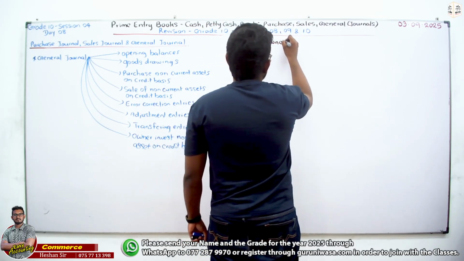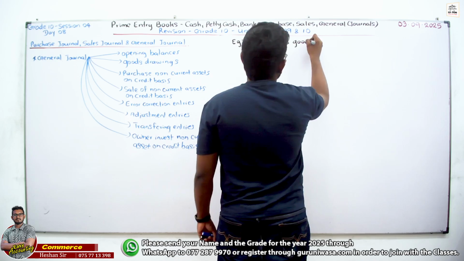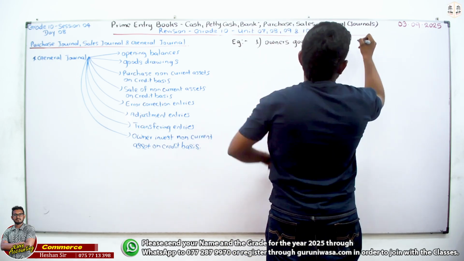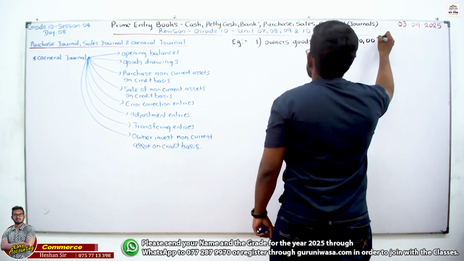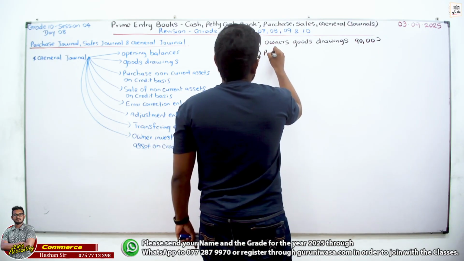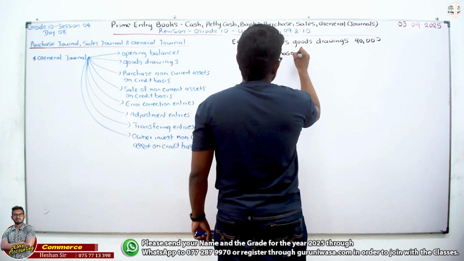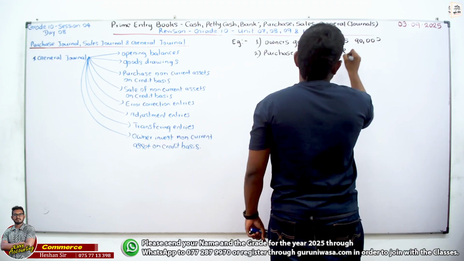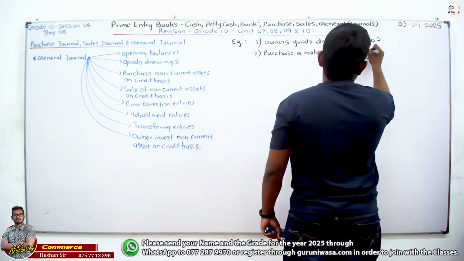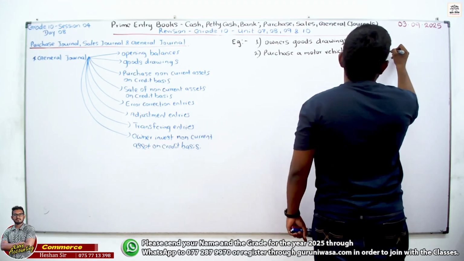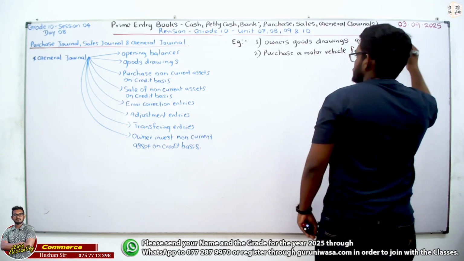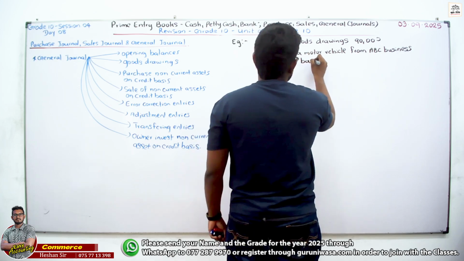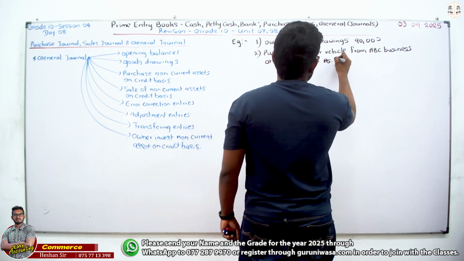Owner's goods drawings 90,000. Number 2, purchase a motor vehicle from ABC business on credit basis, rupees 700,000.